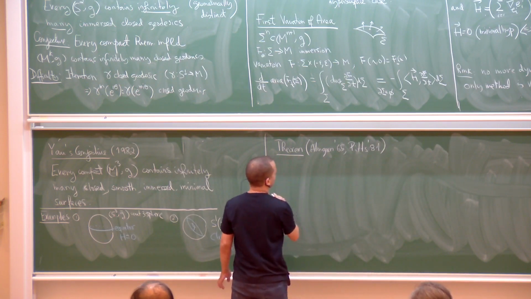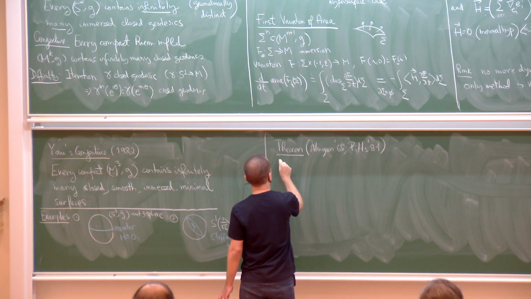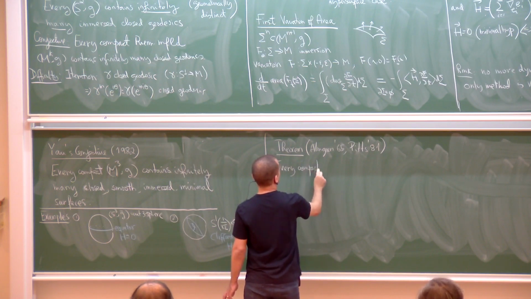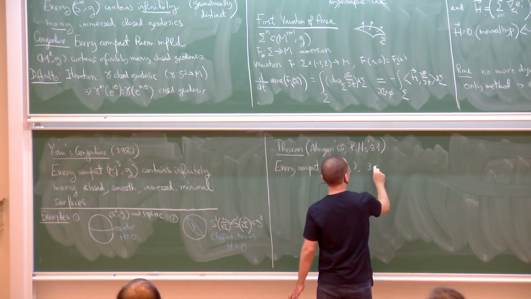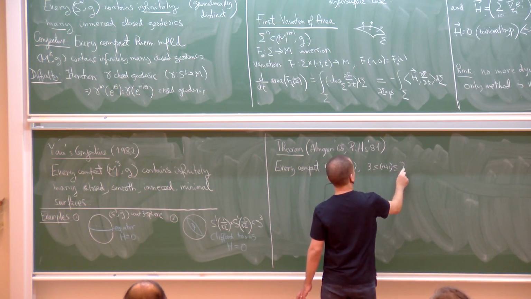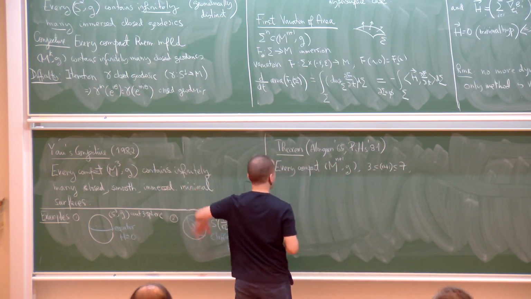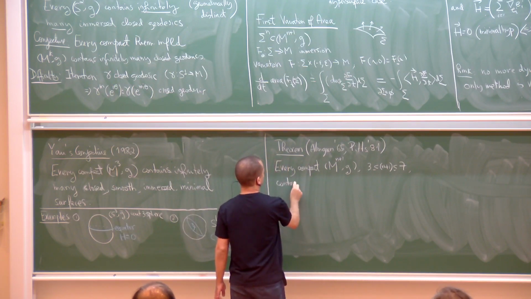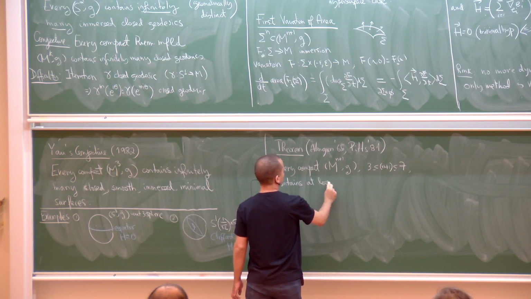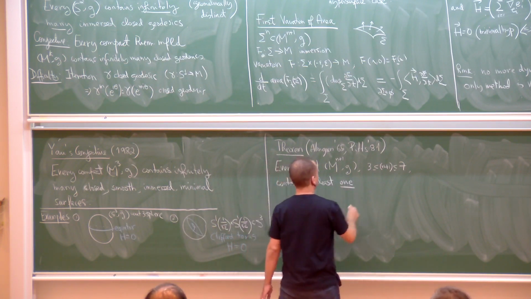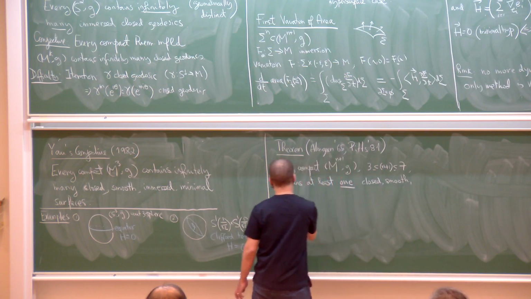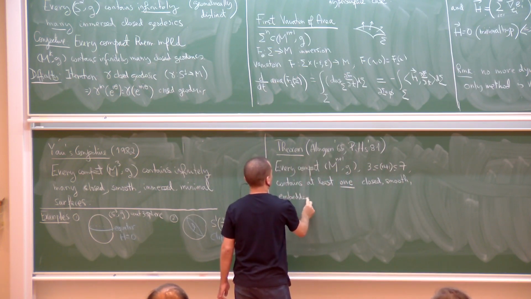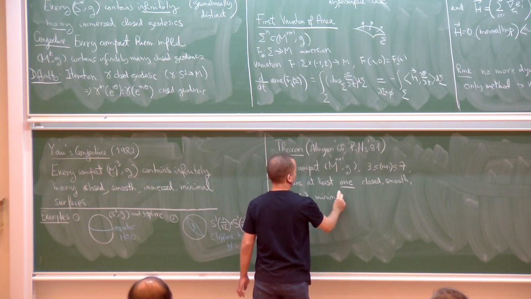It says the following: every compact Riemannian manifold of dimension n+1, say with the dimension less than or equal to 7, so it includes the three-dimensional case, contains at least one closed, smooth, and actually embedded minimal surface.